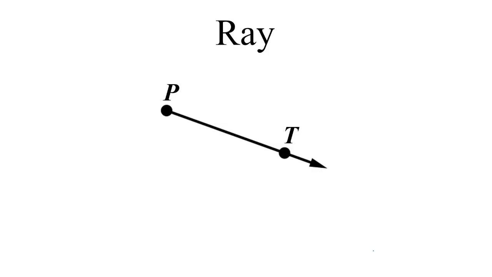Therefore, it can only be called ray PT. When you name a ray, you name the endpoint first. And the symbol for ray PT is a one-sided arrow drawn to the right, always drawn to the right, above the names of the 2 points.